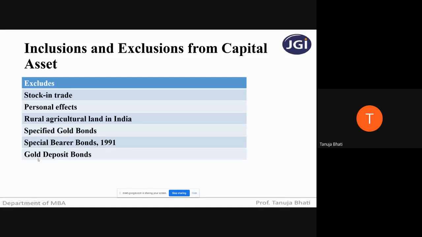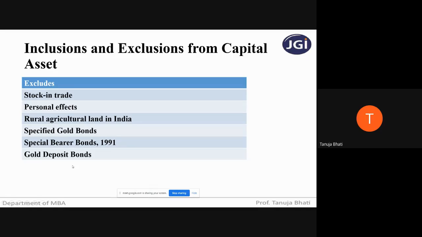Next, gold deposit bonds. If any gold deposit bonds are issued under the gold deposit scheme 1991, or a deposit certificate issued under the gold scheme 2015, which is notified by the central government. So remember, all the below three, if issued or notified by the central government, are not going to be a capital asset.